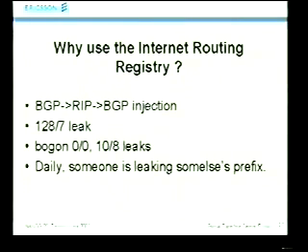And daily, somebody is leaking someone else's prefix. So the idea here is there are some good reasons why you should say publicly, this is what I am doing. And also for you to know what the other guy is supposed to be doing. And then you can compare what the other guy is supposed to be doing with what you are seeing. Okay?